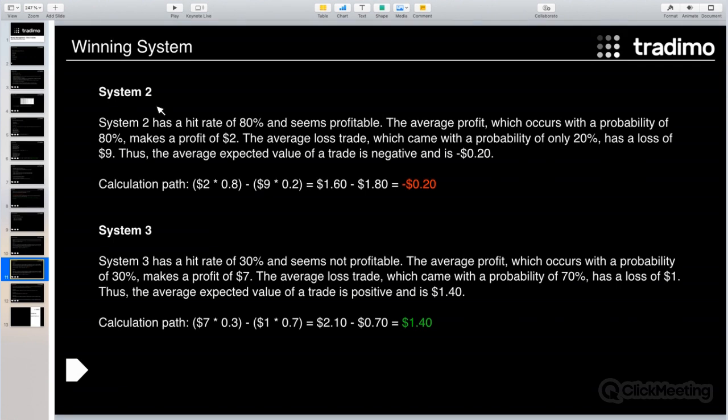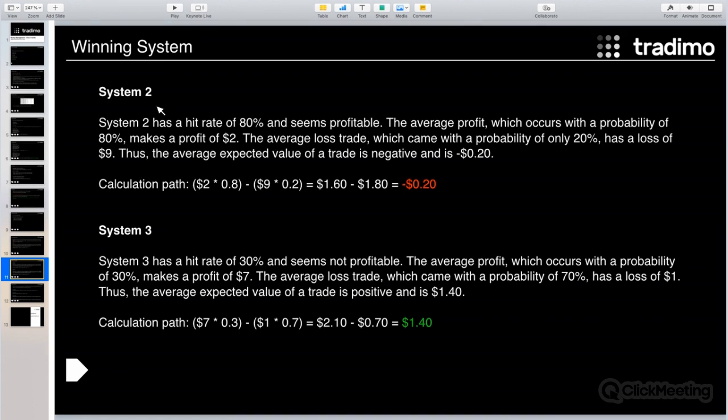You can make the same calculation, and the result is negative. We have an expected value of each trade with this system of minus 20 cents. It makes absolutely no sense to continue with this system because we are losing around 20 cents in each trade. It makes absolutely no sense to trade this system.